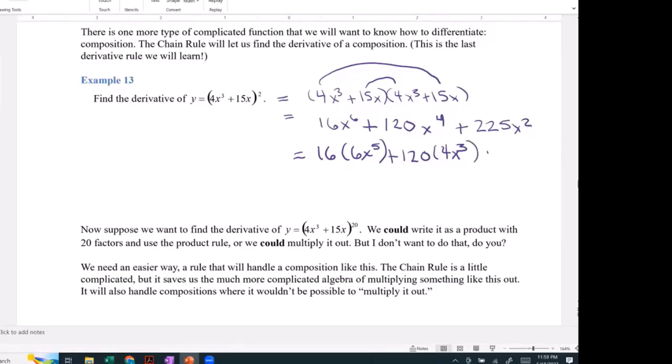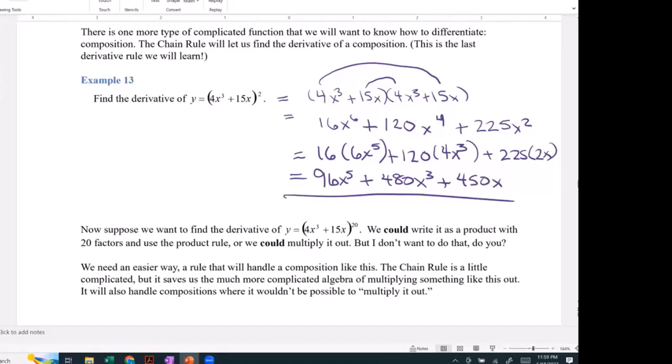Plus 225 times 2x. So we multiply this out, we get 96x to the 5th plus 480x cubed plus 450x, and I found my derivative.